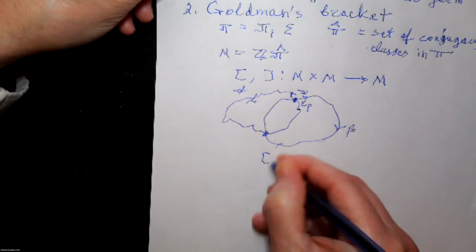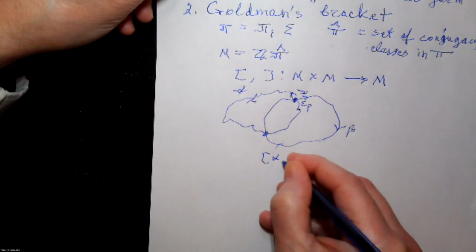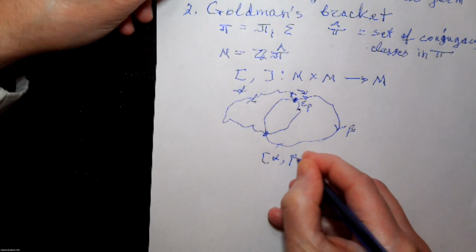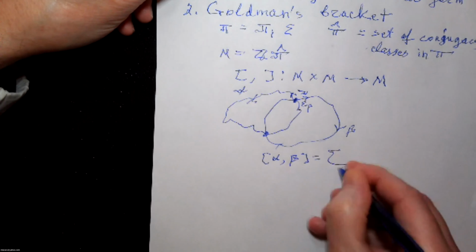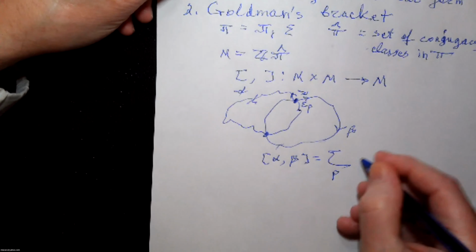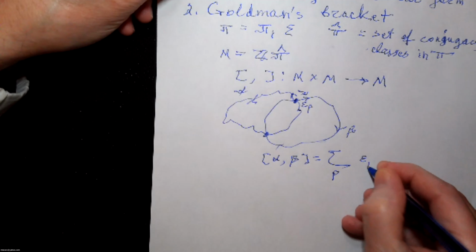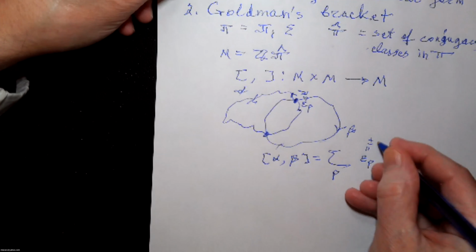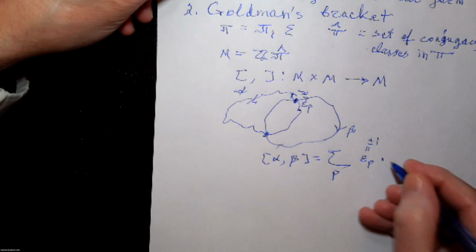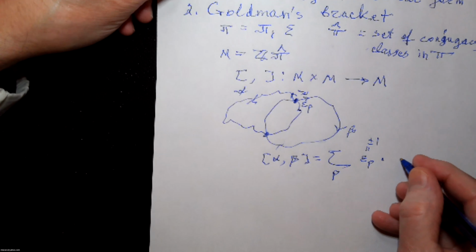Now, the bracket is defined as the sum over all crossing points of the sign, so that's plus or minus 1, determined by orientation, times this loop, which I just described.